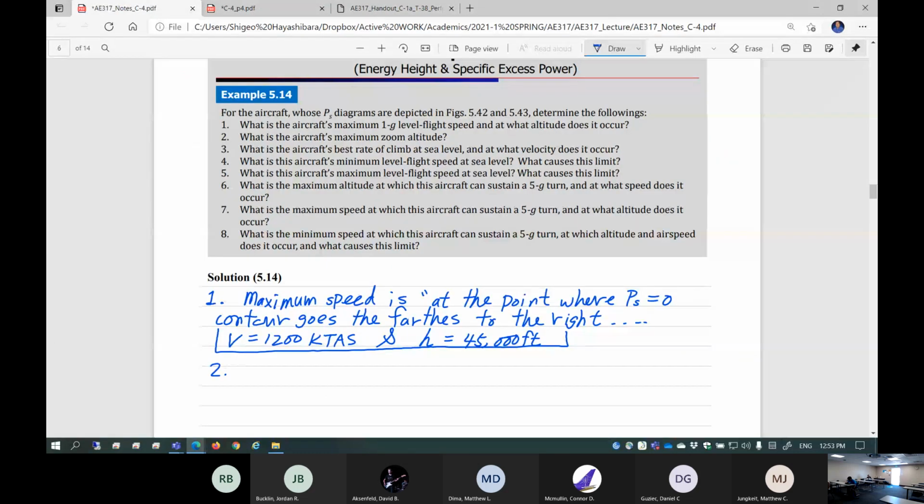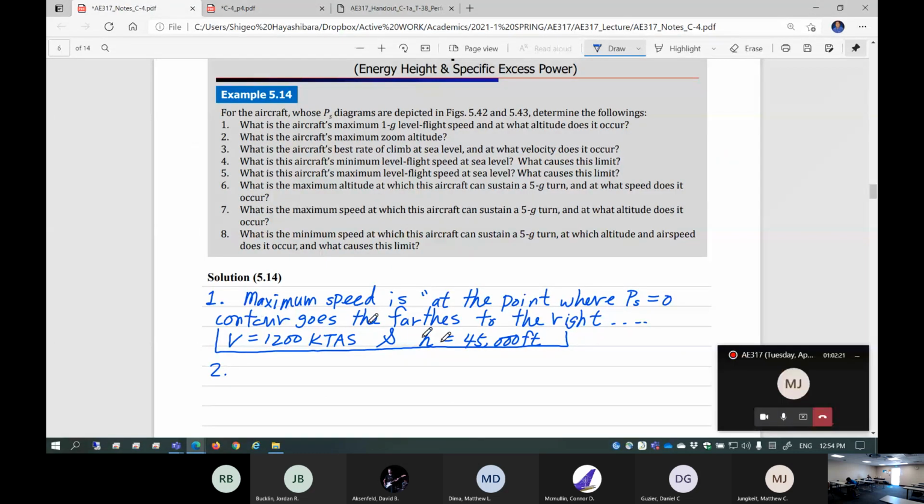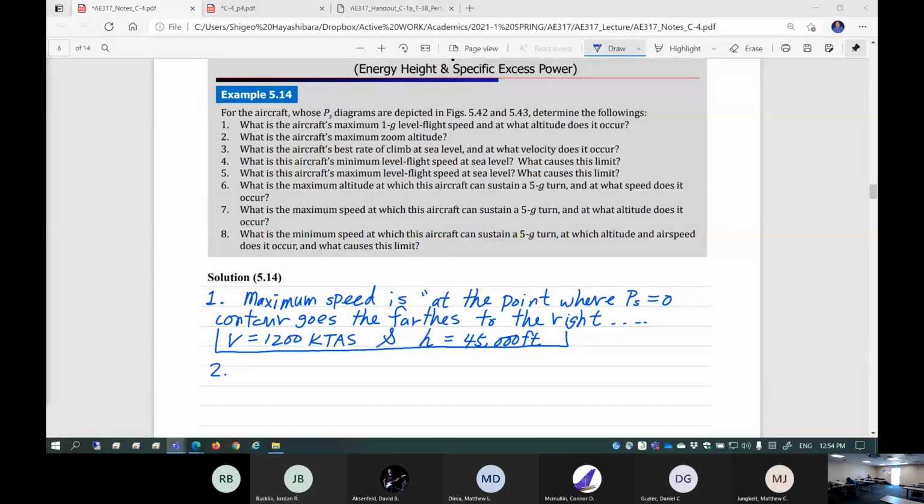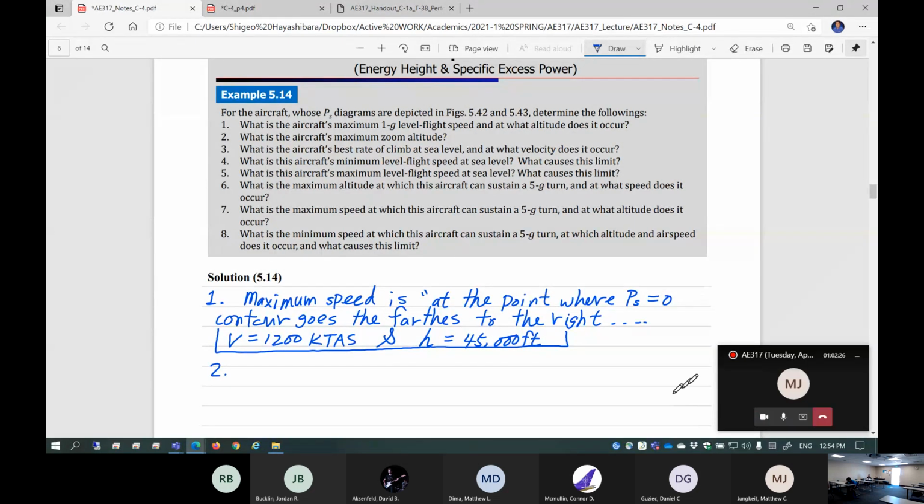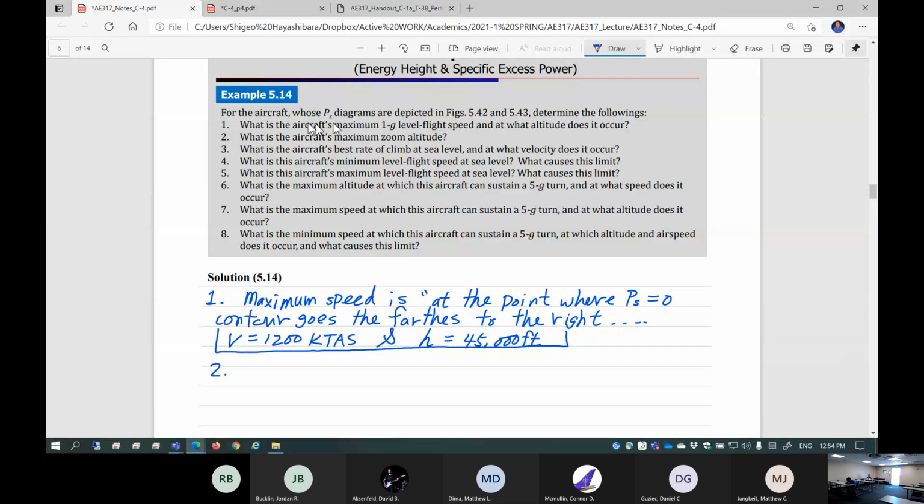So let me just summarize it. Number 2, what is the aircraft's maximum zoom altitude? This is absolute maximum. Enter zoom climb from V equal to 1200 KTAS.